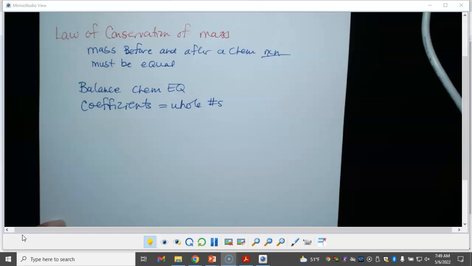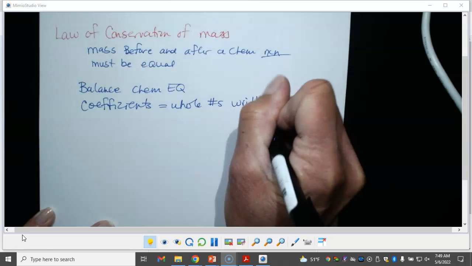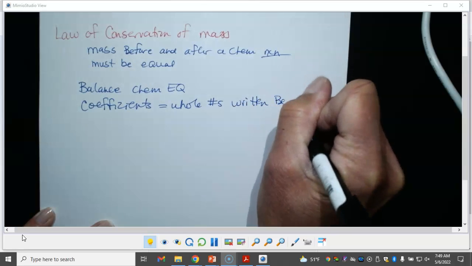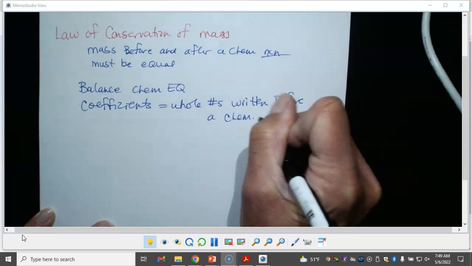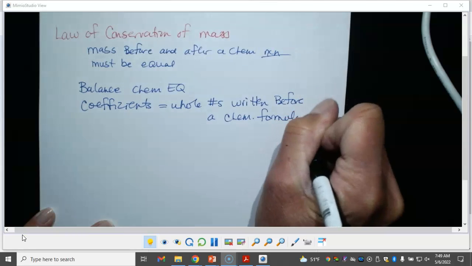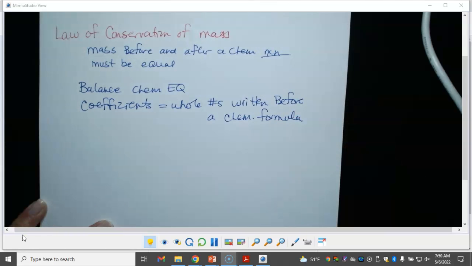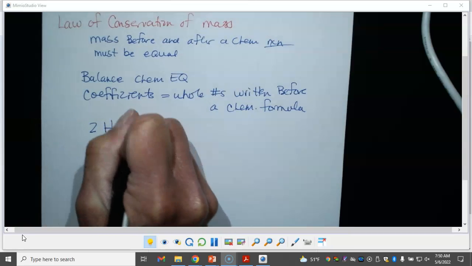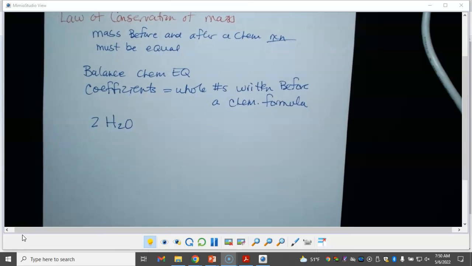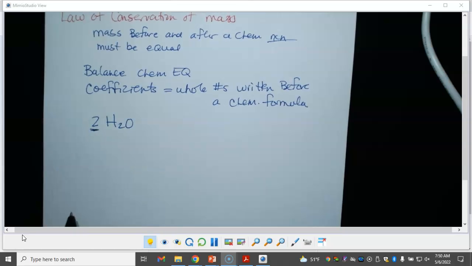Do I need to make that bigger, or are you guys okay? Okay. Coefficients are whole numbers that are written before a chemical formula. So, for instance, if I have 2H2O, okay, this is a coefficient, okay?